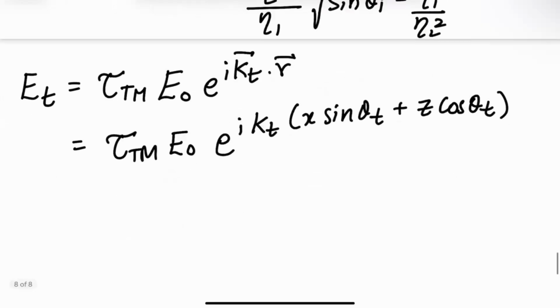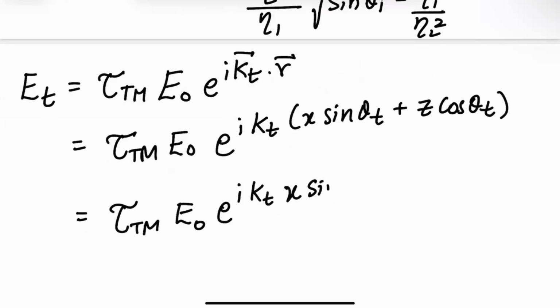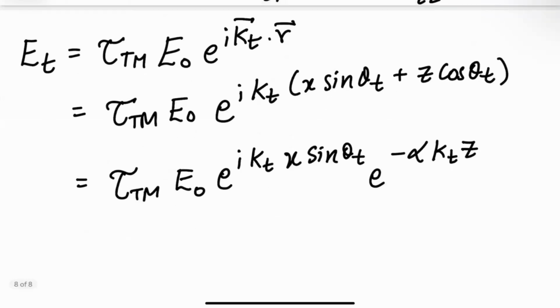Now I substitute cosine theta t to be i alpha. That gives me gamma TM E naught e to the i kt x sine theta t times e to the minus alpha kt z. And this is exactly what we wanted to show, which is that along z, you get an evanescent wave.